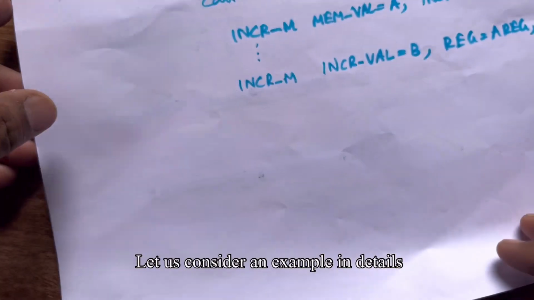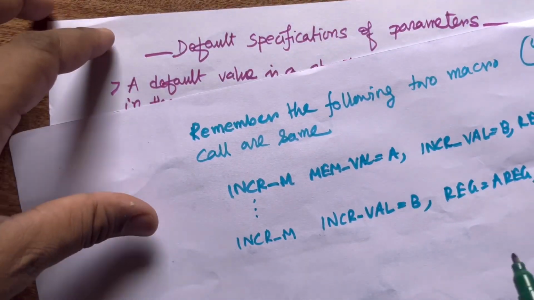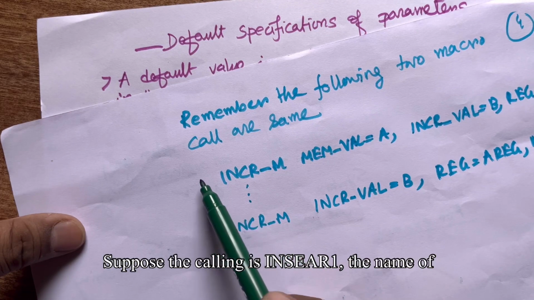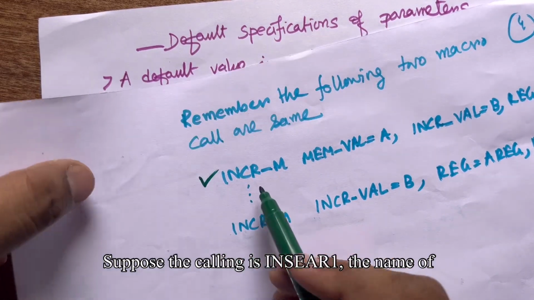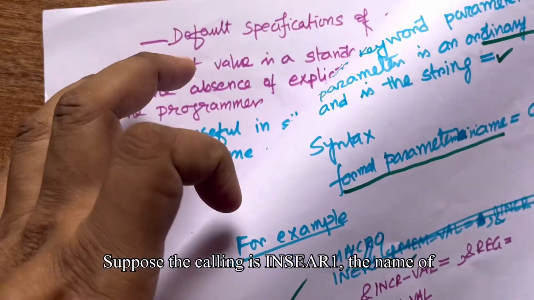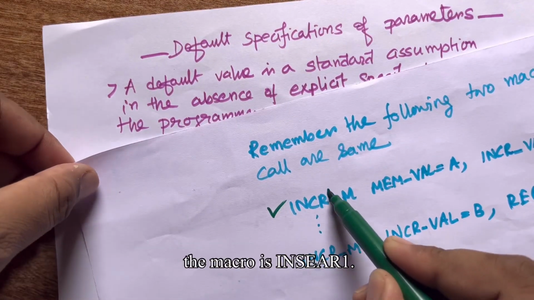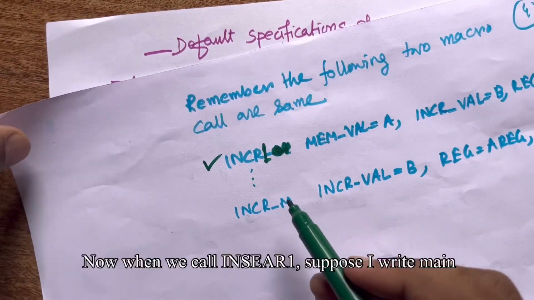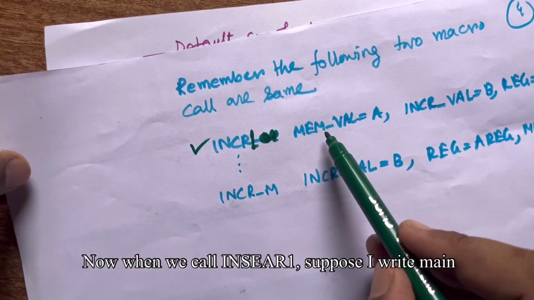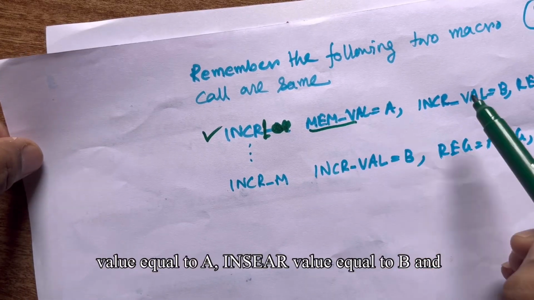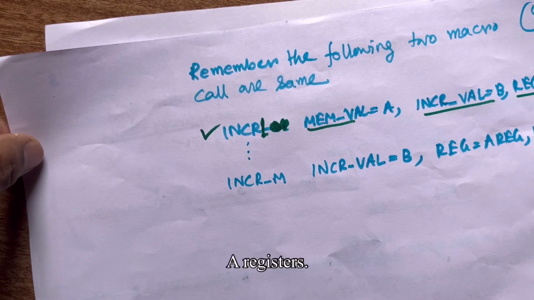Let us consider the example in detail. Suppose the calling is here 1, the name of the macro. Now when we call here 1, suppose I write memval equal to A, here value equal to B, and register equal to A register.